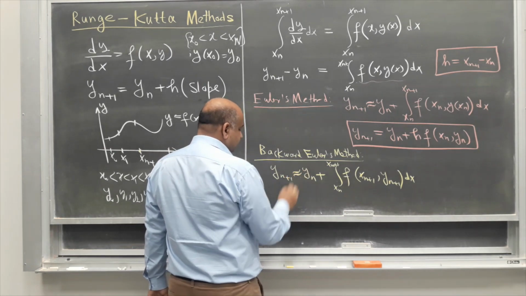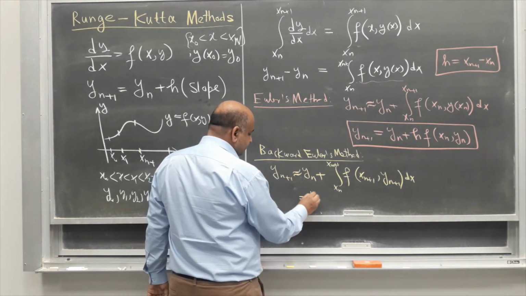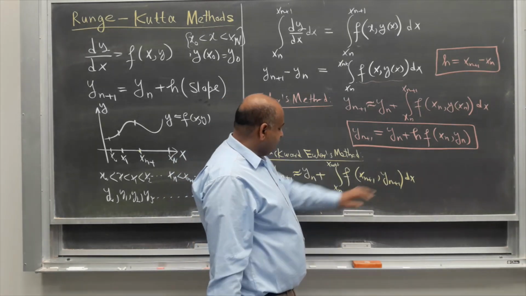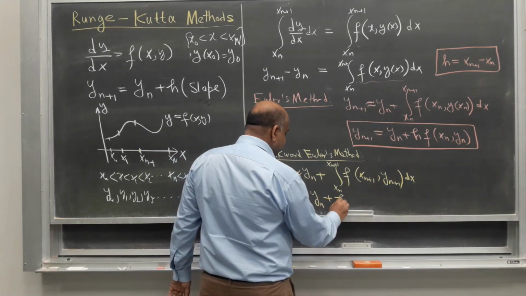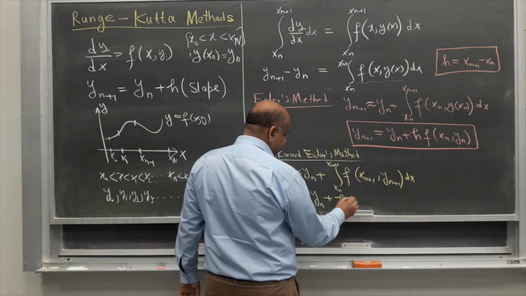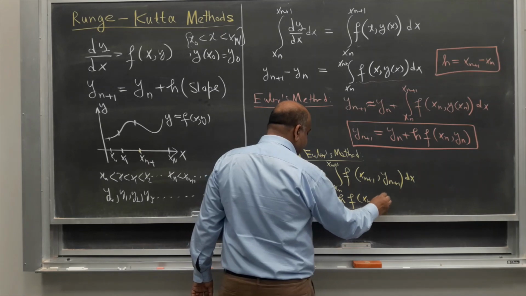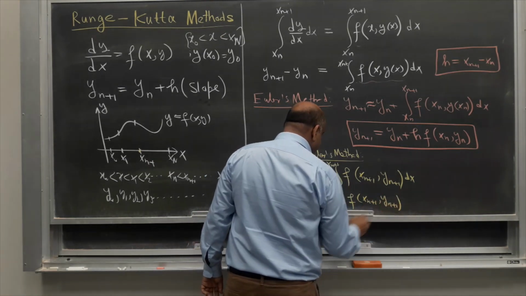So this is an approximation, and we can now solve this integral right away because this is a constant function: y_n plus h f of x_{n+1}, y_{n+1}.